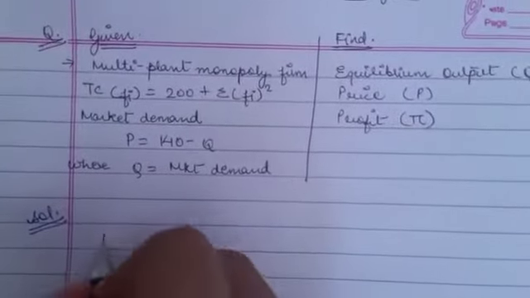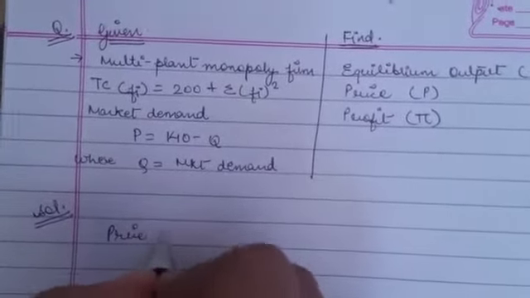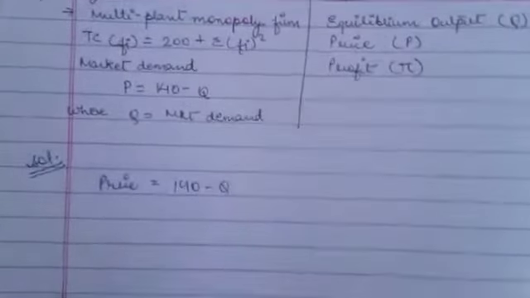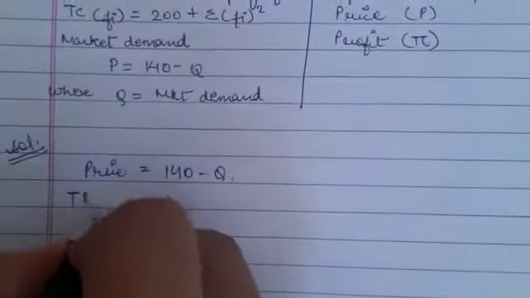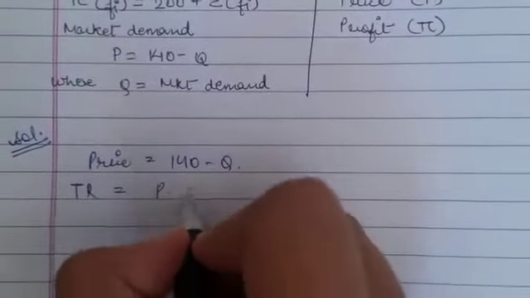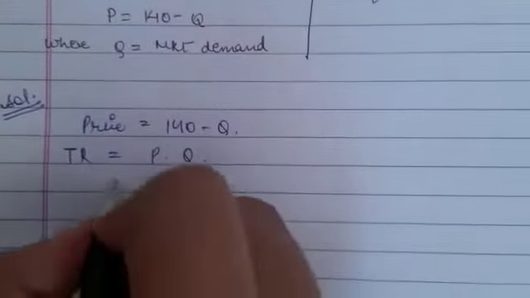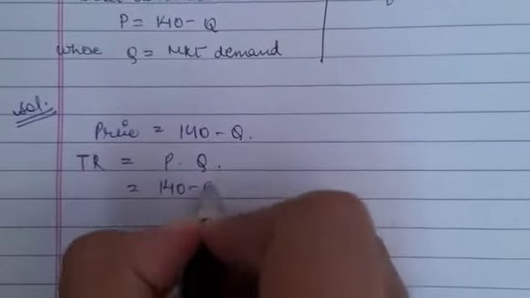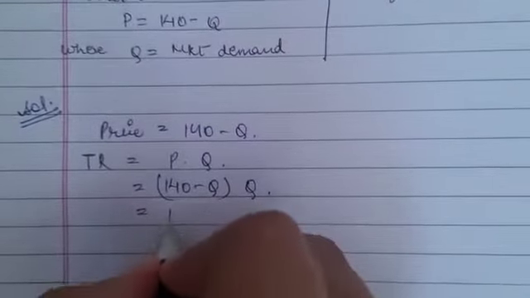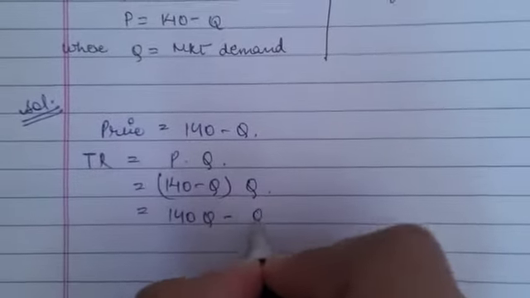So price, we know, is 140 minus Q. The formula of total revenue is price into Q. Price 140 minus Q, bracket close, Q. When we expand it, it will be 140Q minus Q square.